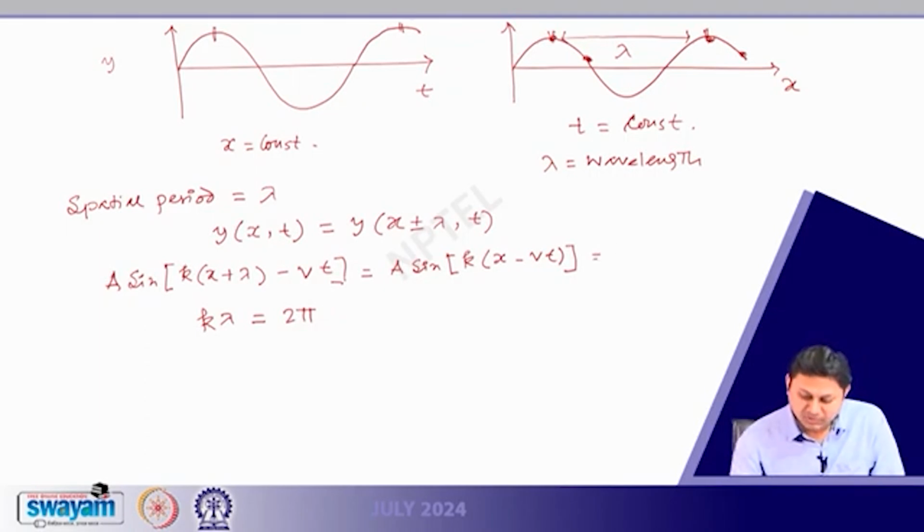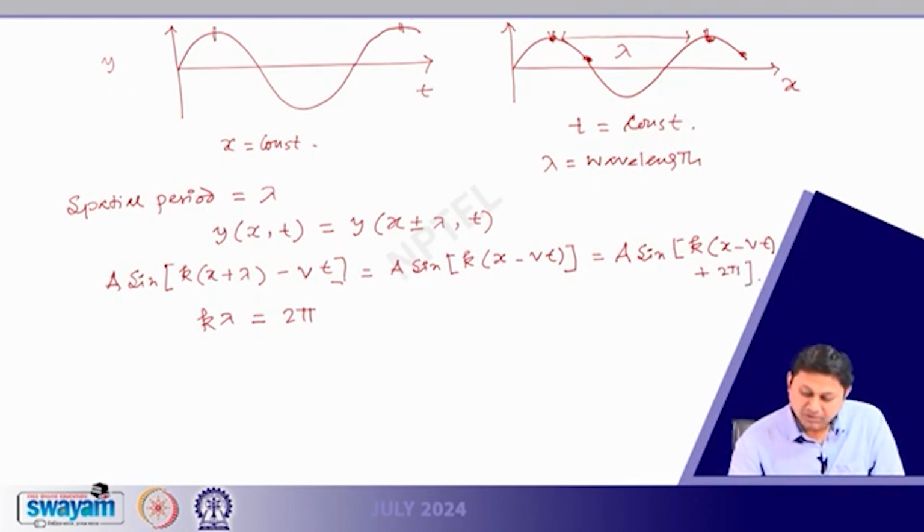So this is equal to A sine of kx minus vt plus 2 pi.